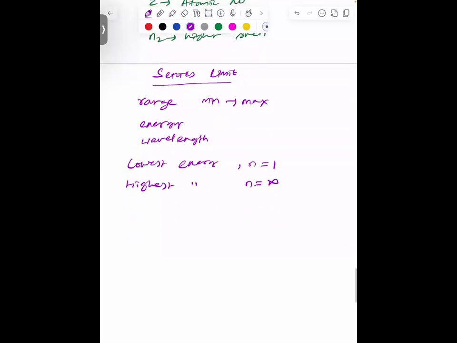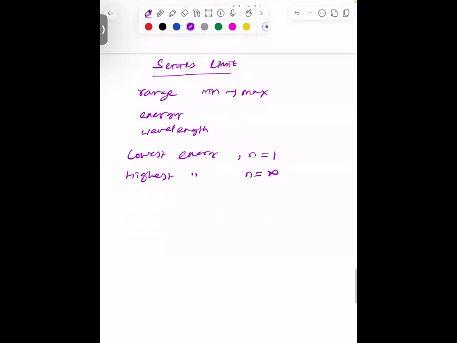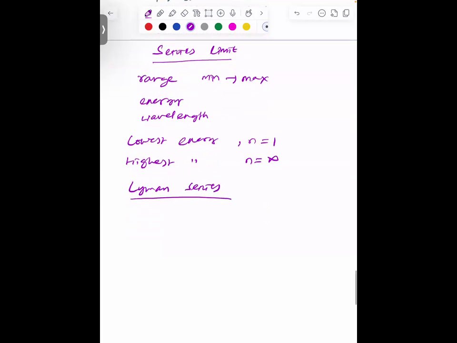Now, energy limit. The Lyman series. In Lyman series, E maximum is when n2 is infinity and n1 is 1, and the minimum energy is when n2 is 2 and n1 is 1.